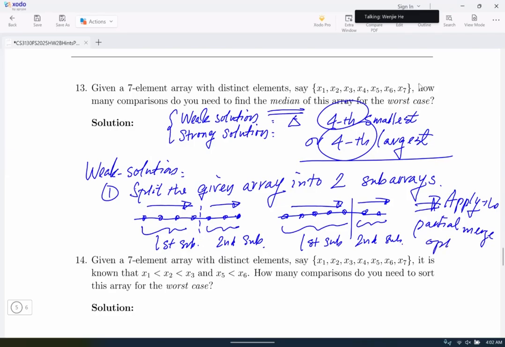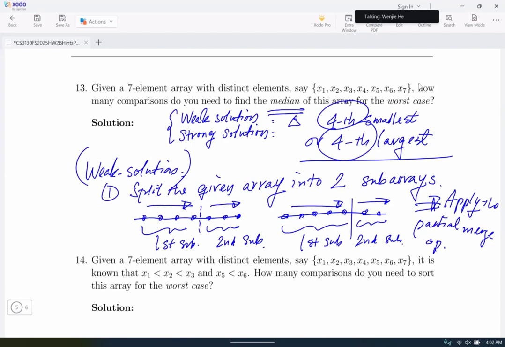But this is the way to get a weak solution, right? Just one more comparison than the strong solution. For the strong solution, you can do one comparison better than this weak one.